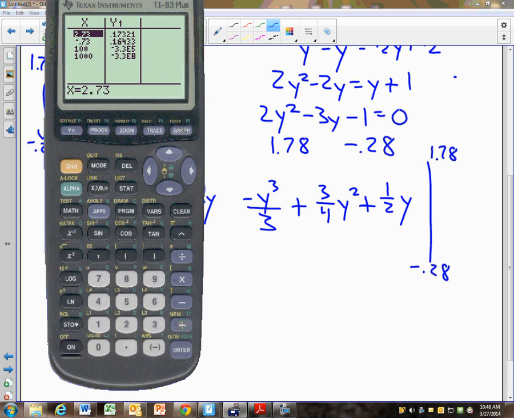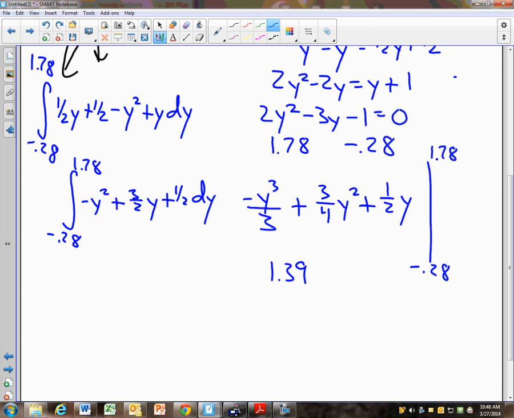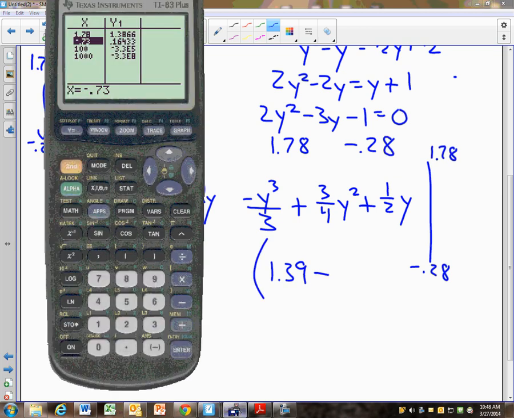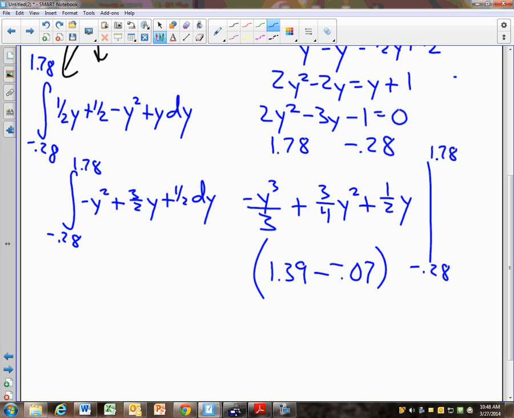And then if we go to our table, 1.78 is 1.39 minus, then I do -0.28, -0.07. Apparently that's the area.